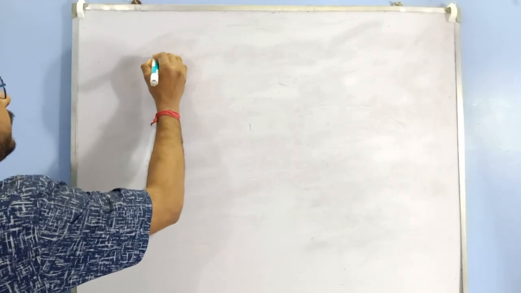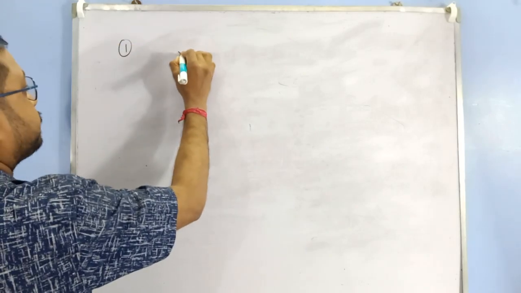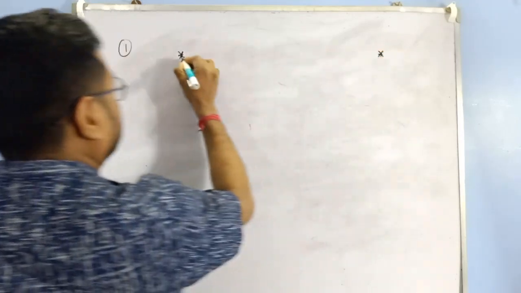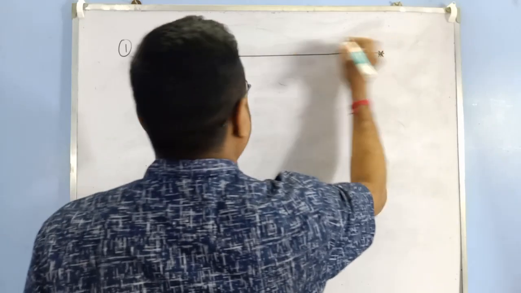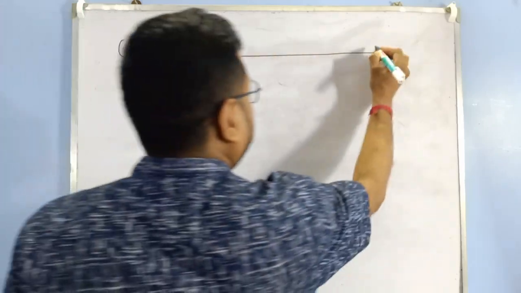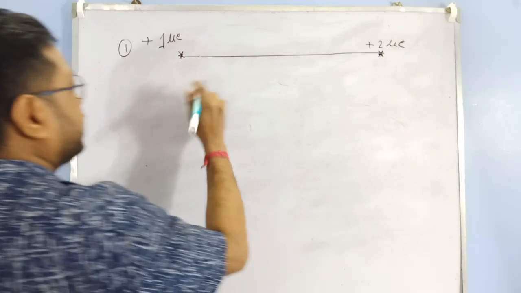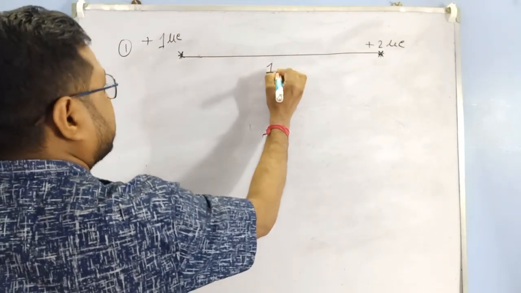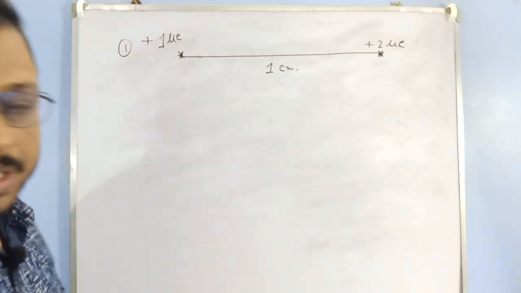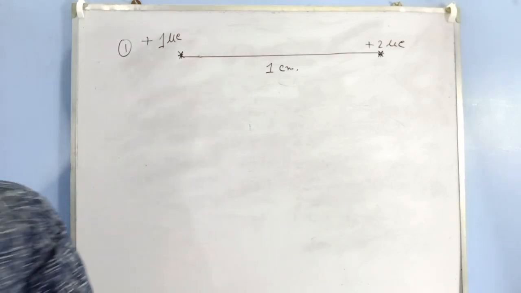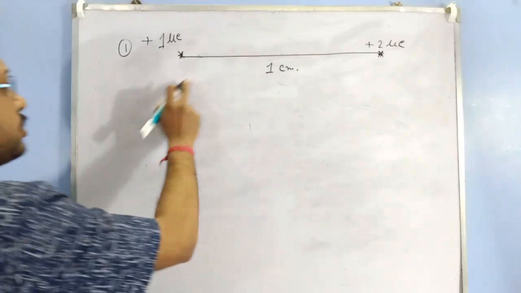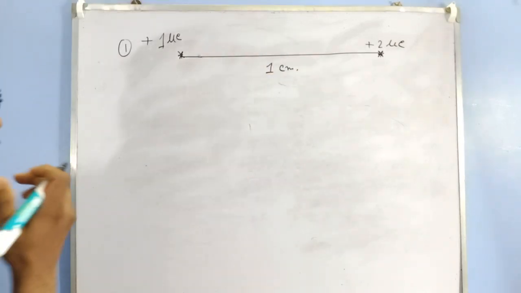Let us do a numerical for better concept. If two charged particles, plus 1 microcoulomb and plus 2 microcoulomb, are separated by a distance of 1 centimeter, then what will be the electric field produced by each charged particle?